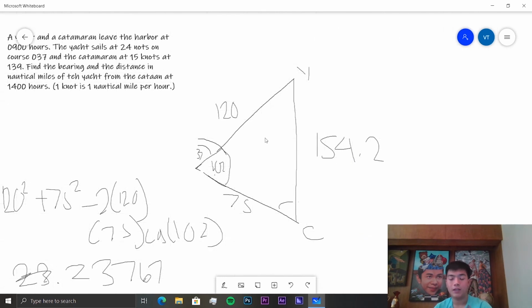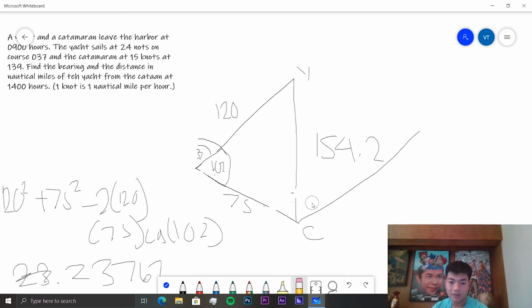So if we have this triangle, let us find this bearing. What we have to do is draw a line that looks north from here. We know this line looks north, so we also need a line that looks north from here.